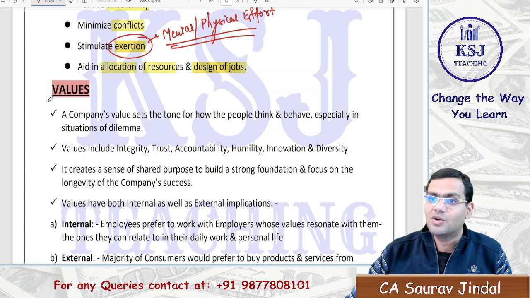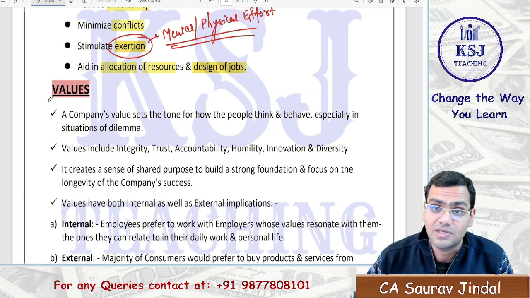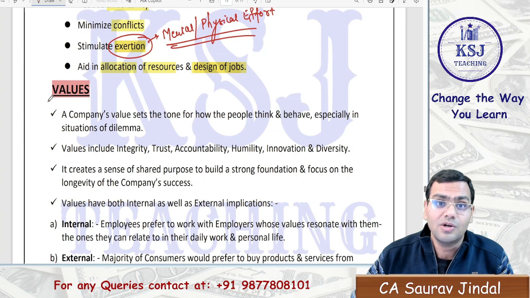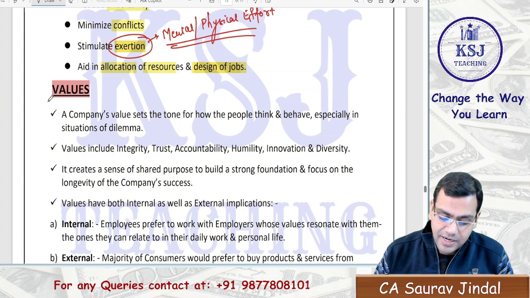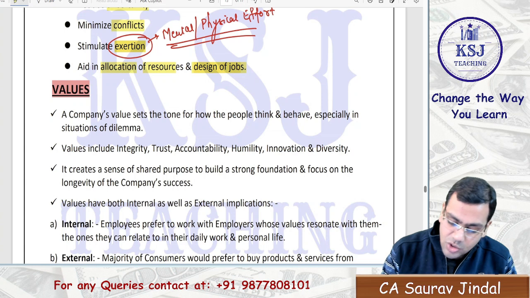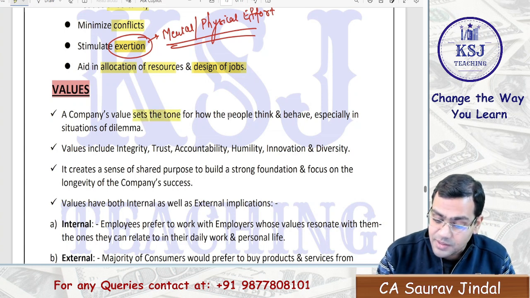They are the core principles on which your organization is going to work. All the activities of the organization are going to be directed by them. A company's values set the tone for how people think and behave, especially in situations of dilemma.